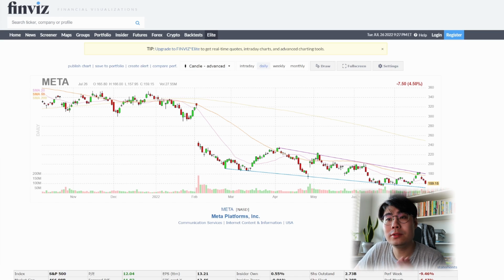So if you want to understand and predict other people's behavior, then you want to also see data that other people are looking at. If you're looking at data that nobody cares about or people don't even know about, it most likely will not affect their behavior or their psychology, and hence it will not affect the price of the stock.